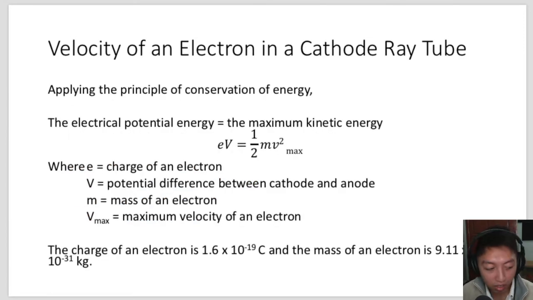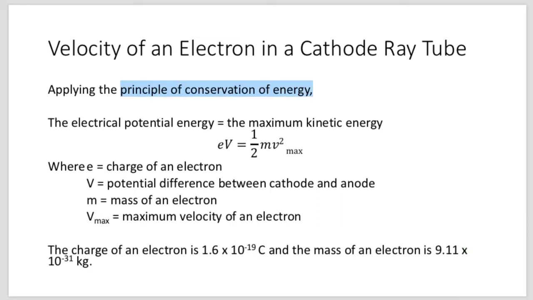So, because they reach maximum velocity, we can use the principle of conservation of energy. Right? In the principle of conservation of energy, we learn, like Newton's laws, for every action there's an equal and opposite reaction. The electrical potential energy will equal the maximum kinetic energy.